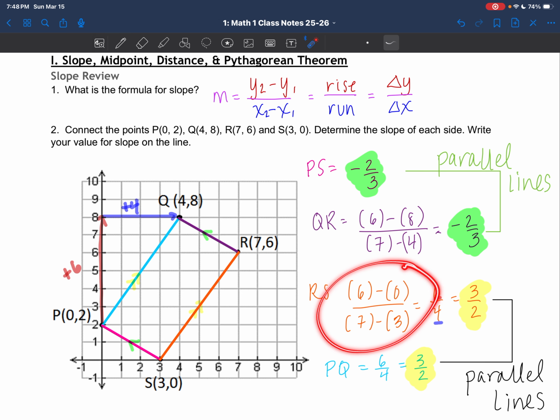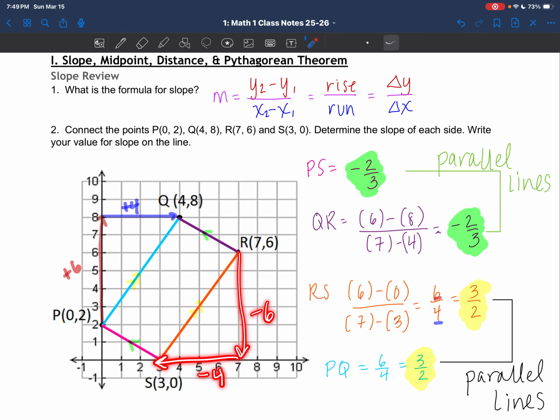again, you can use the formula for those 2 points, or you can go, and it doesn't matter which way you go, I can go down 6 and to the left 4. And when I did that, I'm going to get negative 6 over negative 4, which gives you positive 3/2.